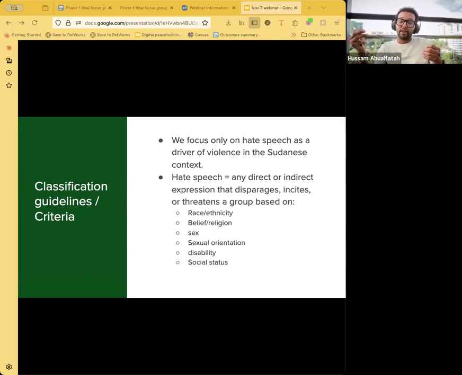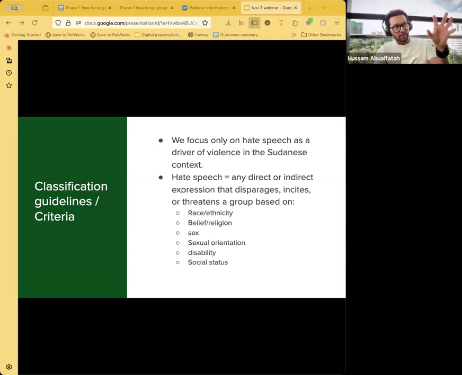based on race, ethnicity, belief, religion, gender, sexual orientation, disability, social status, and so on. Then we created three main labels.